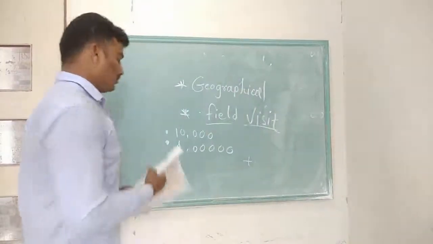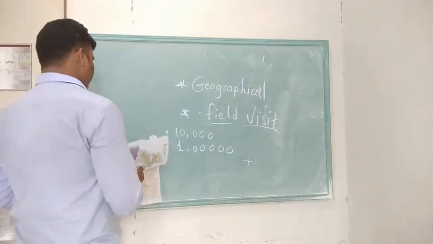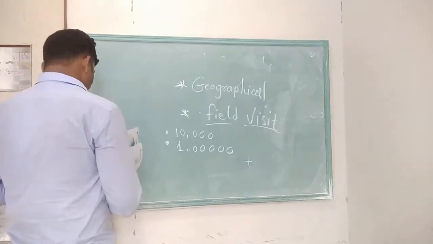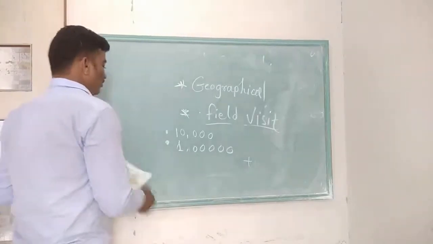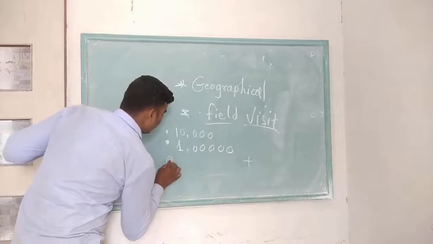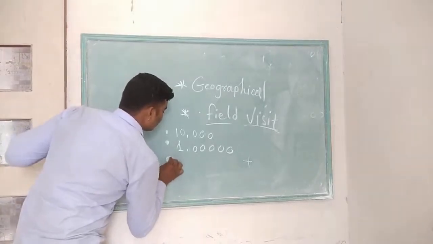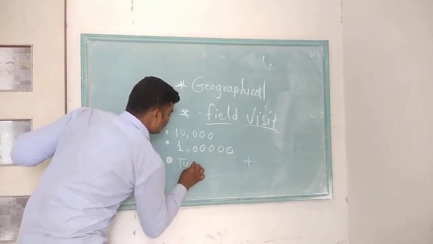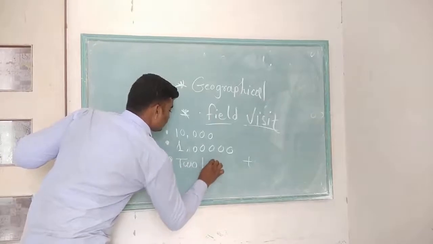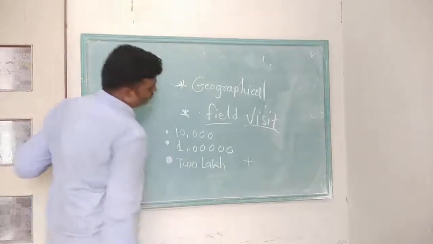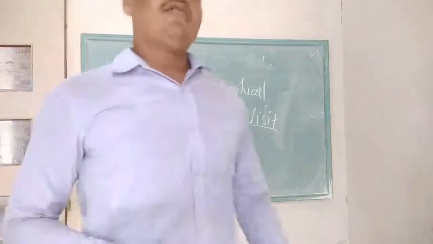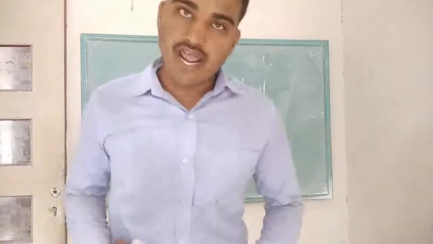Suppose we make the next one also, for that we have to prepare. Suppose this dot we use for 2 lakh. So this type of highest and lowest value we have to decide first.